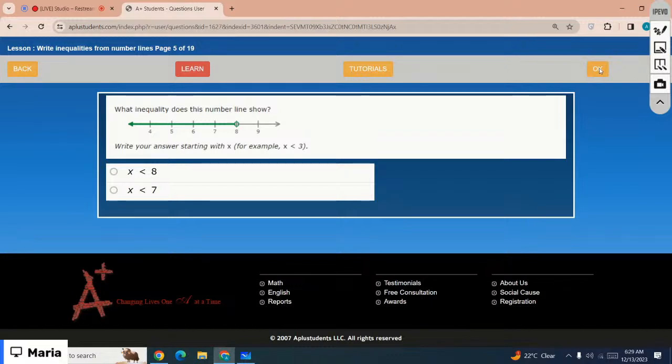Okay, the next one is what inequality does the number line show? Which is the correct option?